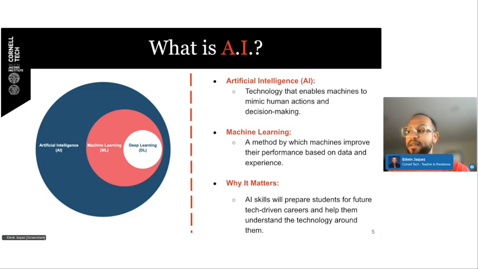Machine learning is the method by which these machines improve their performance based on the data and experience that we provide. Today we're going to focus primarily on machine learning, but I will preview just one example of AI, so we can compare and contrast the machine that mimics and makes decisions versus the machine that we are training and providing data for.